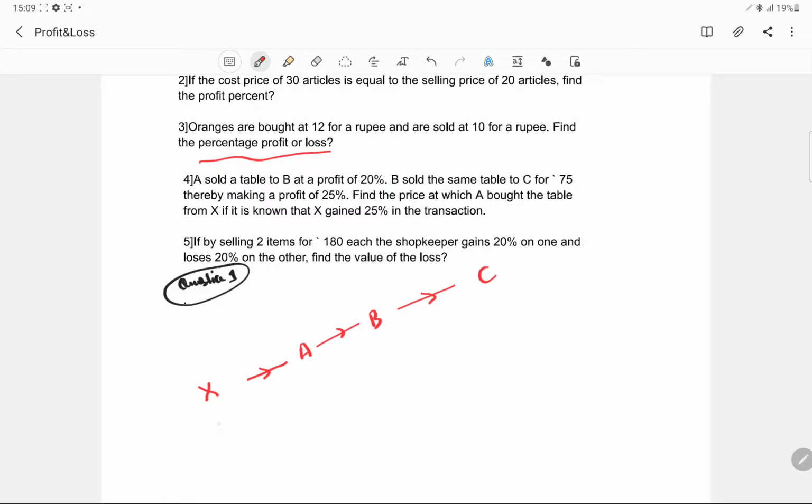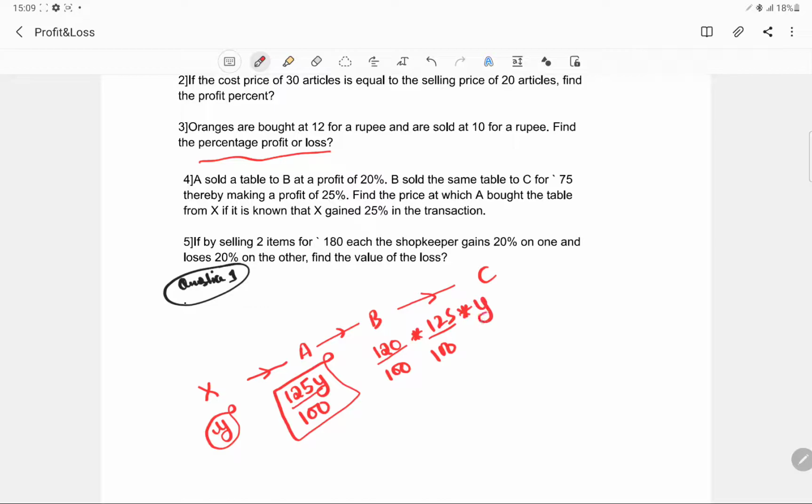Say the price was Y. While selling it to A, he ended up gaining 25%. So what A actually paid was 125 upon 100 of Y. Then A sold it at a profit of 20%. So what B actually paid for this was 120 upon 100 into 125 upon 100 into Y. So this was actually the cost price B had to pay.